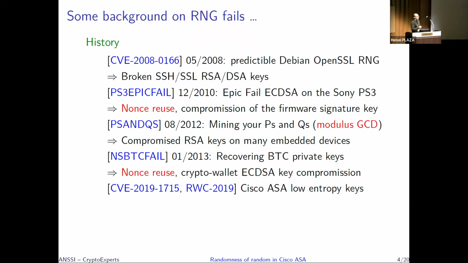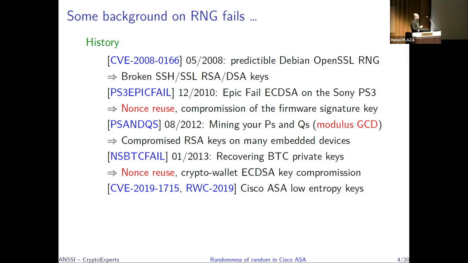In the state of the art, we have many topics on that, and we will briefly discuss some of them. In 2008, the Debian OpenSSL patched library had some serious RNG failures that allowed breaking SSH and SSL keys. In 2010, the PlayStation 3 of Sony used the same nonce for signing different signatures, and this allowed, with a nonce reuse, the compromise of the master firmware signing key.